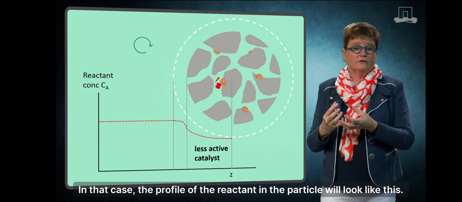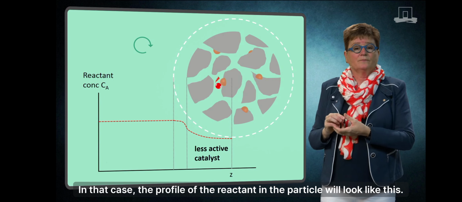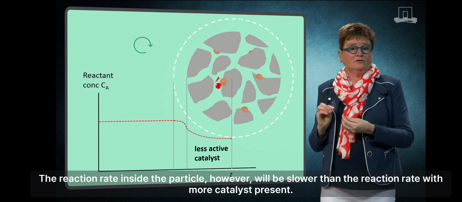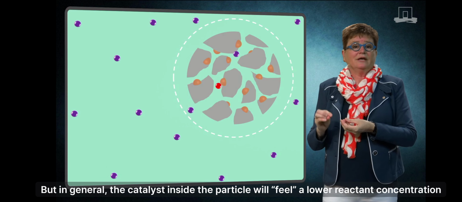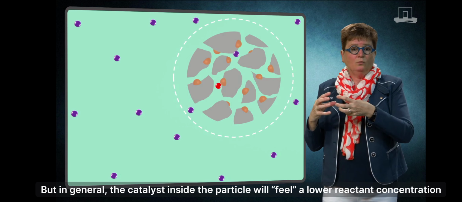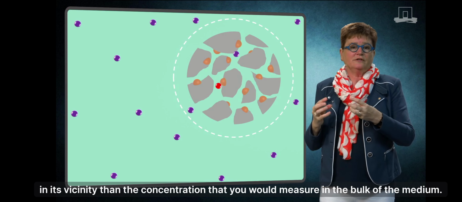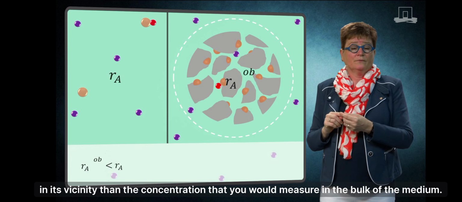Well, in that case, the profile of the reactant in the particle will look like this. The reaction rate inside the particle, however, will be slower than the reaction rate with more catalysts present. But in general, the catalyst inside the particle will feel a lower reactant concentration in its vicinity than the concentration that you would measure in the bulk of the medium.